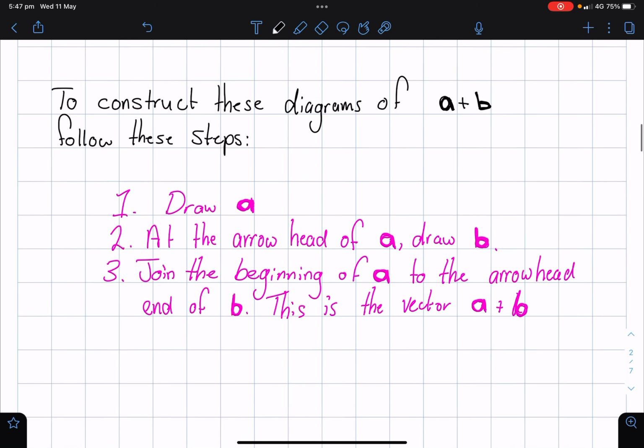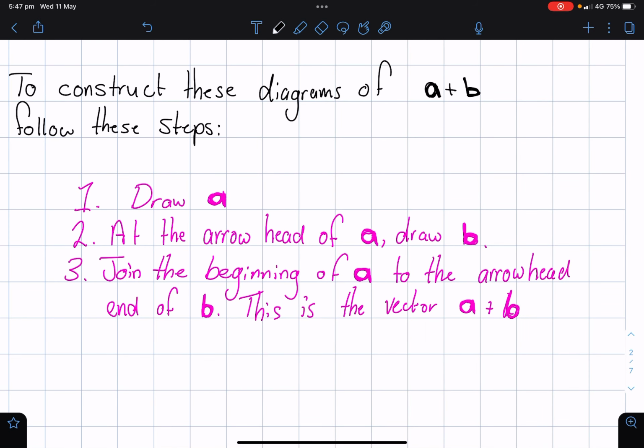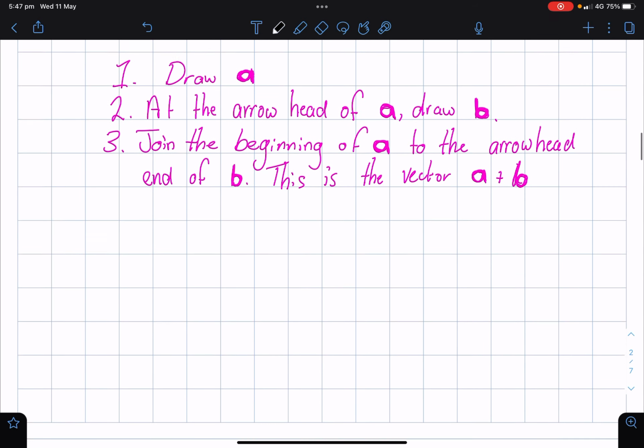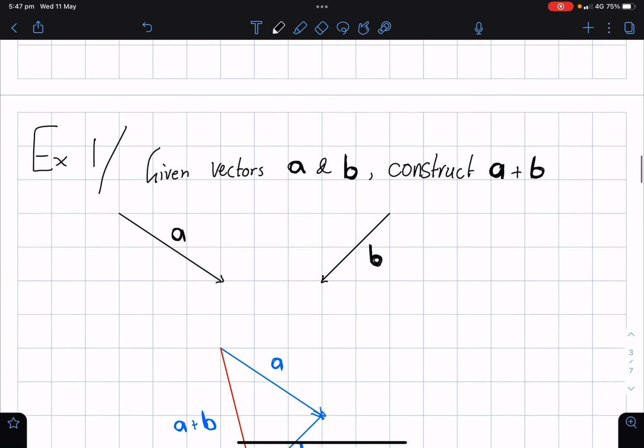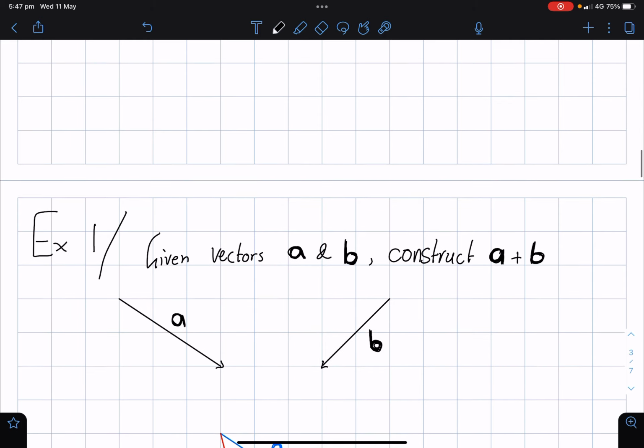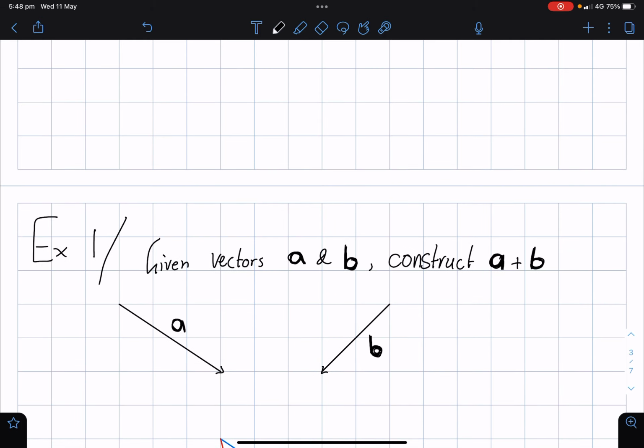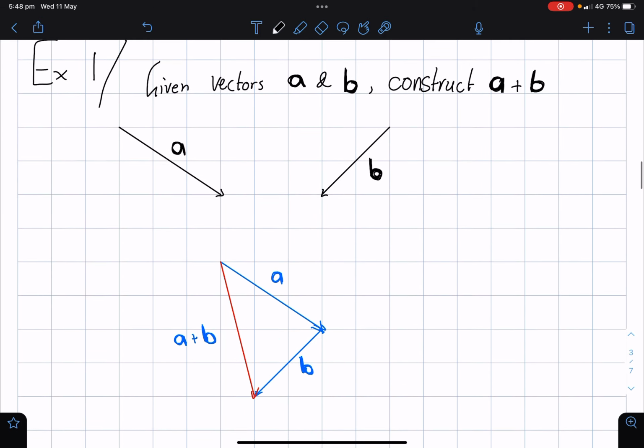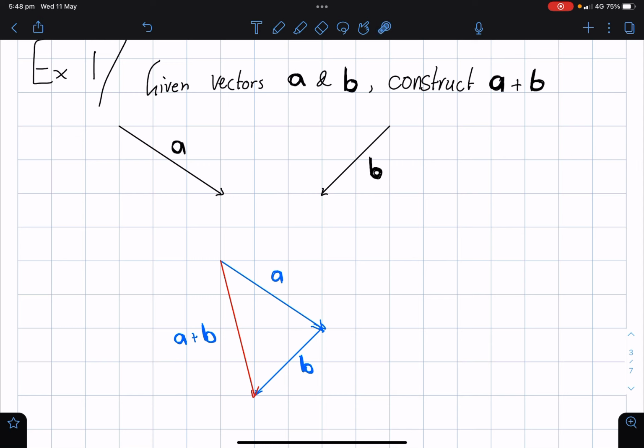So if you've got these three steps written down, you'll be more than fine constructing these diagrams. And another example here, given vectors A and B, construct A plus B. So following our steps, draw in A. At the arrowhead of A, we draw B, and then we connect from the base or the tip of A to the arrowhead of B, and that's our A plus B.